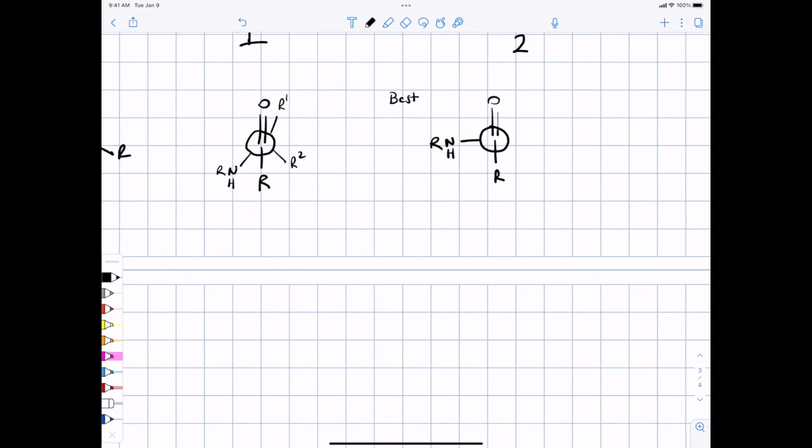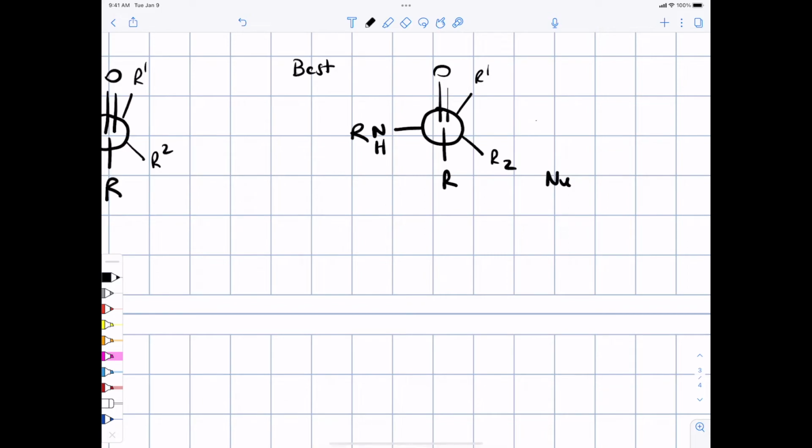And the reason for that is that it's thought that as the nucleophile attacks, and nucleophiles have extra electron density, it can, as it's approaching, overlap with the carbon-nitrogen sigma star orbital, which, because this is an electronegative heteroatom, should be lower in energy than any of the other sigma star antibonding orbitals.